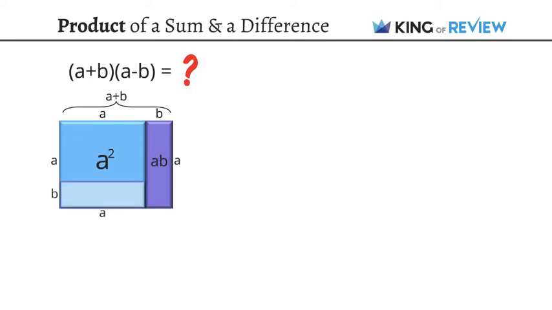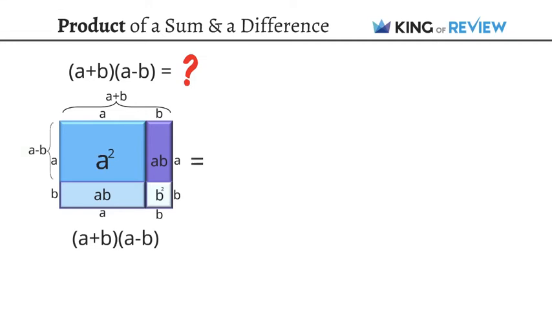And I subtract the same rectangular brick to make this length a minus b, right? Oh, I should subtract this area, right, to make a plus b times a minus b. Okay, now the area of this rectangle is a plus b times a minus b, right?